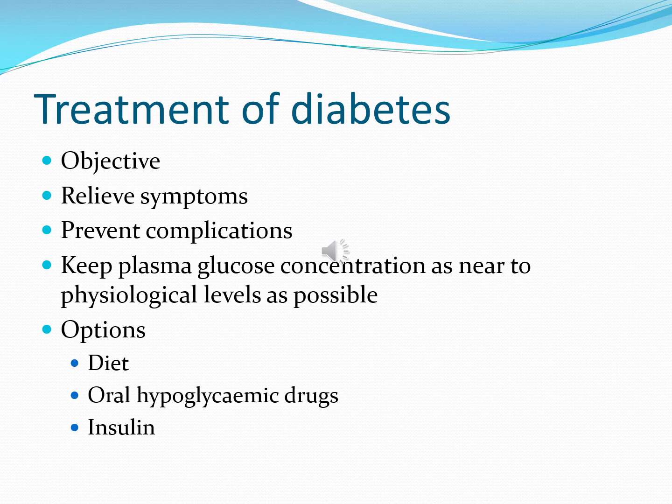So the treatment of diabetes, your objective is basically to relieve the symptoms and prevent the long-term complications, and to do that you have to try and keep the plasma glucose concentration as near as possible to physiological levels. There is, of course, a risk that the patient can become hypoglycemic. So depending on the age, for example, will depend on the risk of having to tightly regulate the glucose.